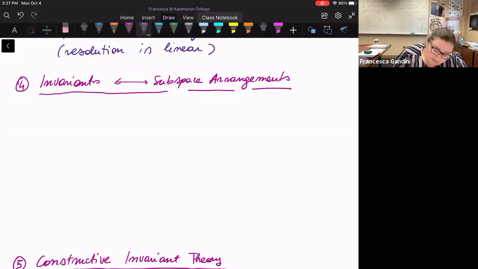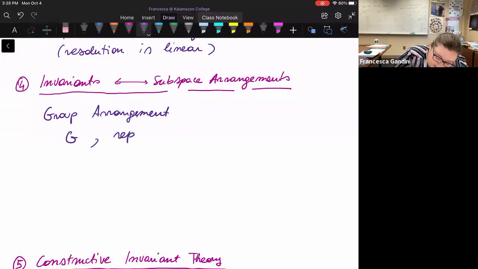All right, so the first ingredient to see this connection is what I call a group arrangement. So you have a group G and a representation of G, V. Maybe I'll say V, a G rep. I know I called the representation W earlier, but all the literature usually calls the representations V. This V is not the same as the V in the polynomial functors.